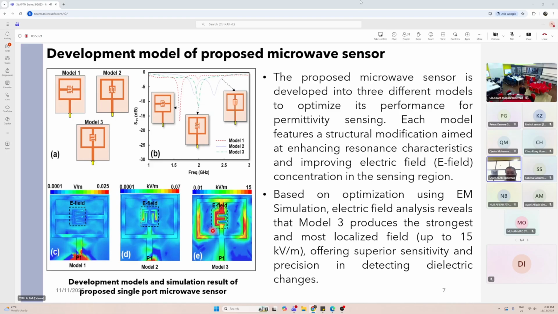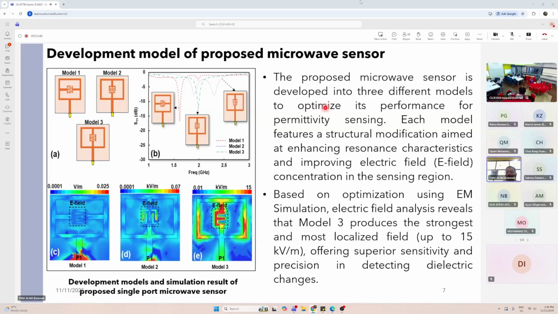Because we want to use this resonator as a microwave sensor, we explore in more detail the electric field concentration. After we simulate the electric field, we can determine the potential location to place the sample. So the resonance frequency moves lower after we place the sample.